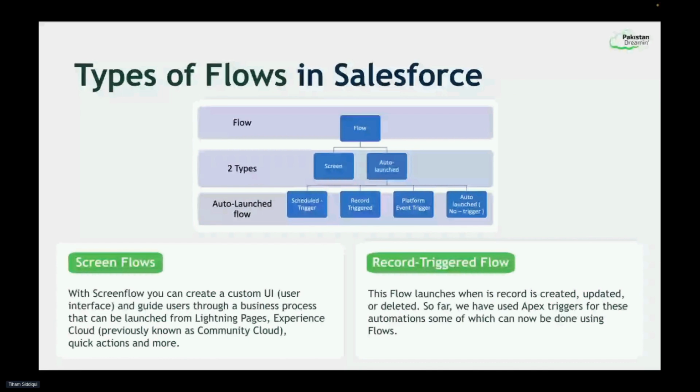Let's say I have a custom field over there, and my business process is to update the checkbox to true for all the leads created today, on a scheduled basis, like every day in the morning or every day in the afternoon. I can build this automation right in flows without writing any code, without scheduling any Apex class.